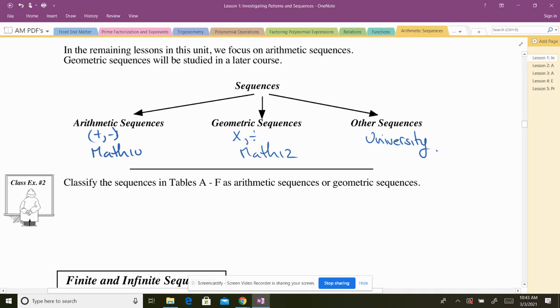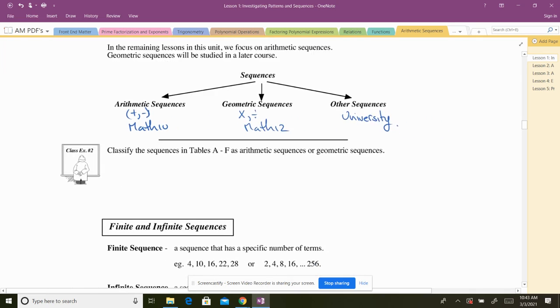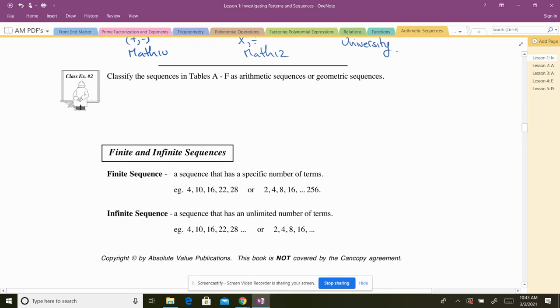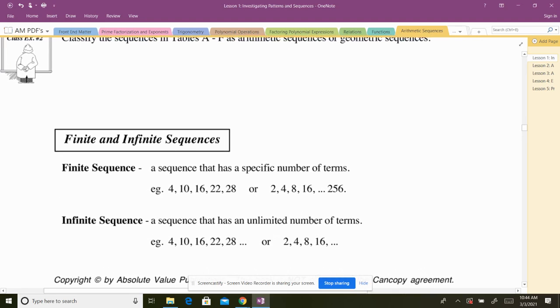Now, there's a couple of types of sequences, finite and infinite. A finite sequence ends. It has a specific number of terms. It stops.